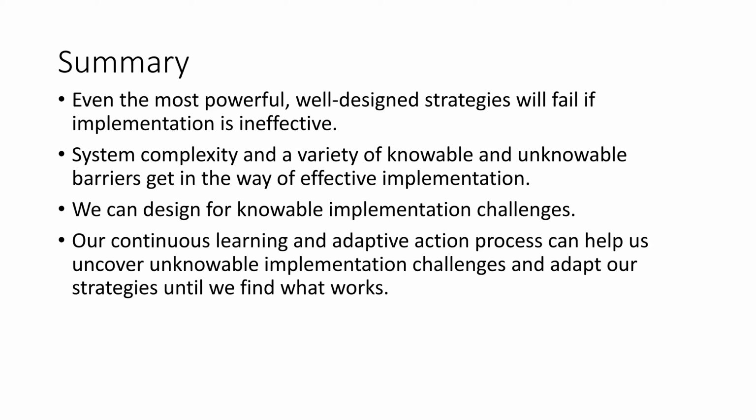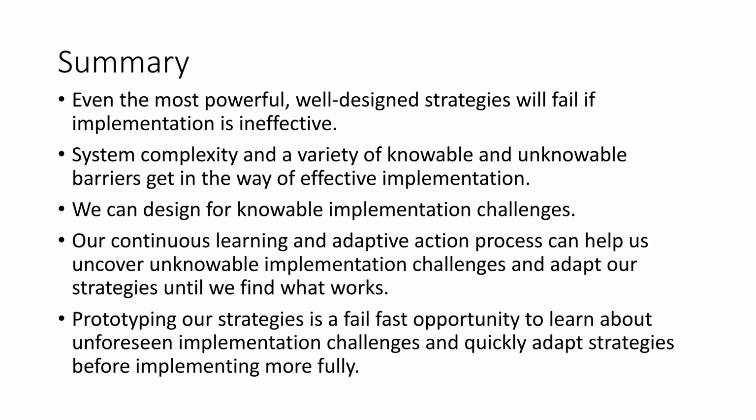And we can rely on our continuous learning adaptive action process to help us uncover unknowable implementation challenges and adapt our strategies until we find what works. So it's okay we don't know it all when we get started. All we have to do is have an open mind to discovering it and then addressing it as we go. And finally, prototyping our strategies is a fail-fast opportunity to learn about unforeseen implementation challenges and quickly adapt strategies before implementing more fully.